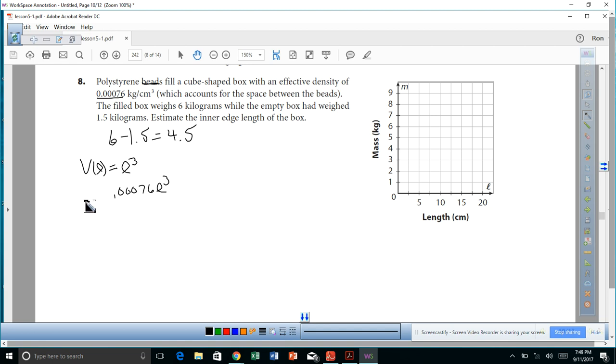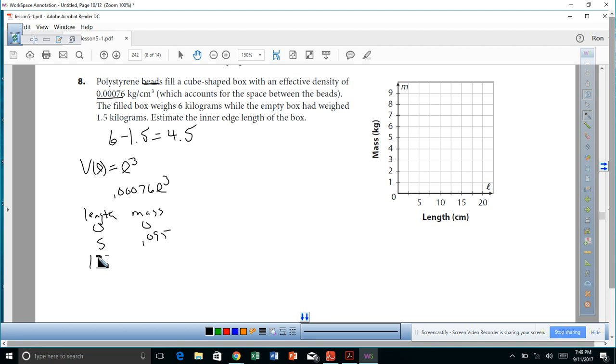And we can make a table of values. Let's see, length, mass: 0, 0. And then if you put in 5, you're going to get 0.095.